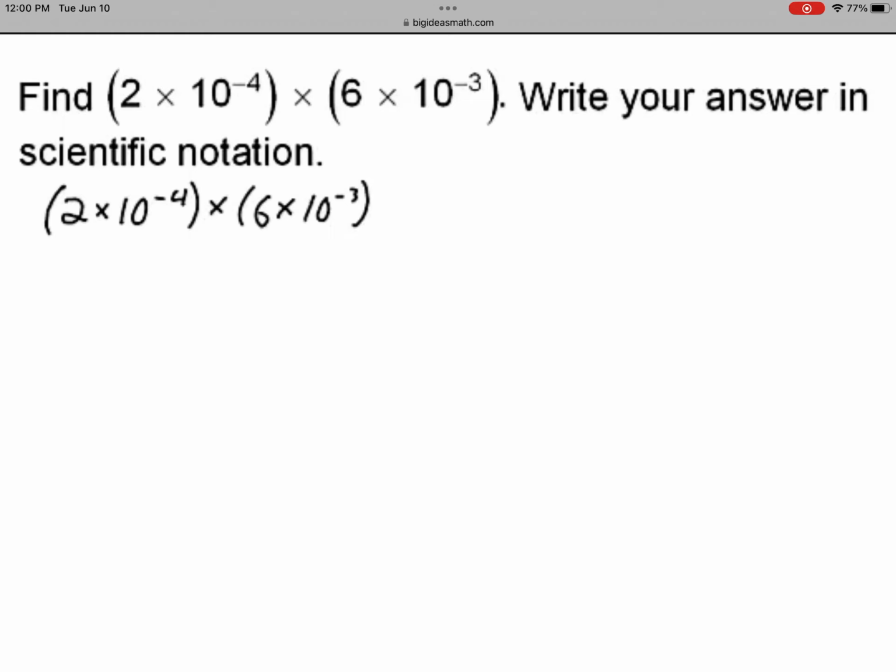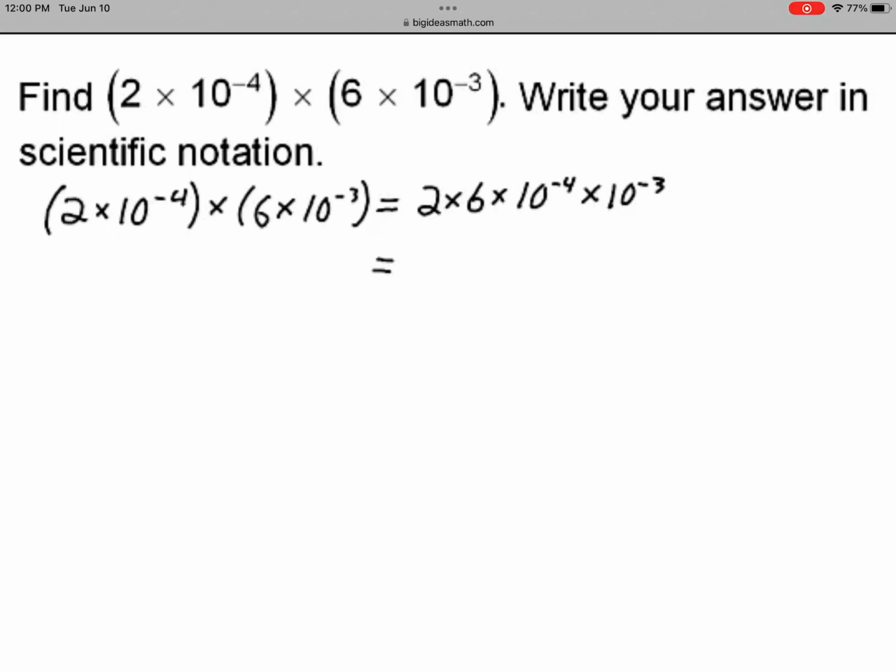We can use the commutative property of multiplication to write the whole number factors first and then the powers of 10. So we have 2 times 6 times 10 to the negative fourth times 10 to the negative third.